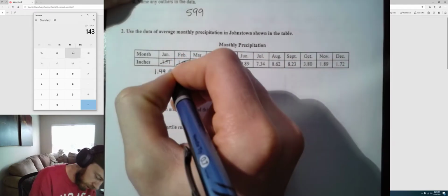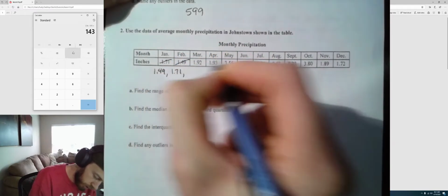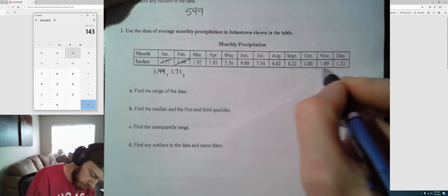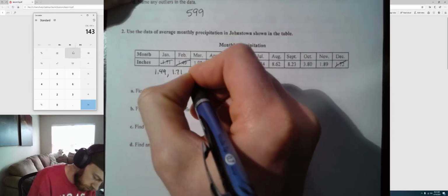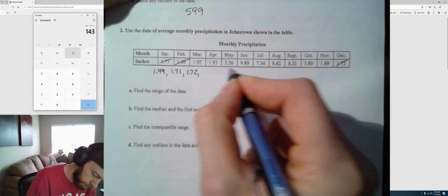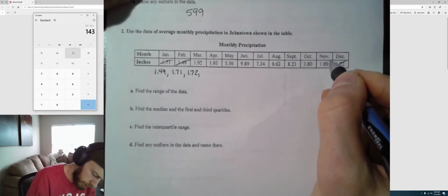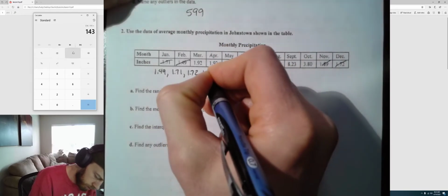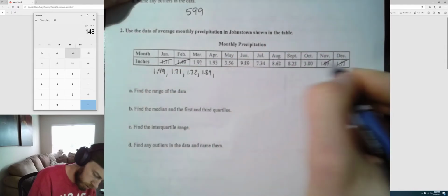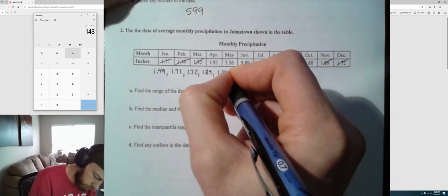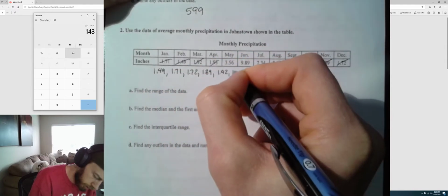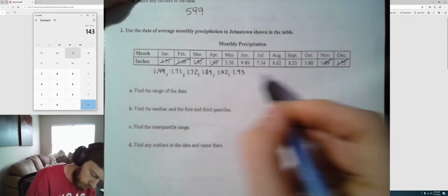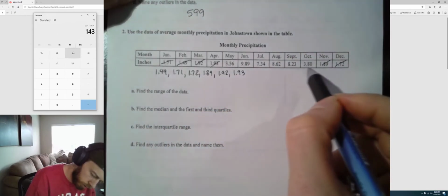We're going to go 1.71. The tricky part is getting these numbers in the right order. 1.72, 1.89, 1.92, 1.93, and up along, right in order from least to greatest.